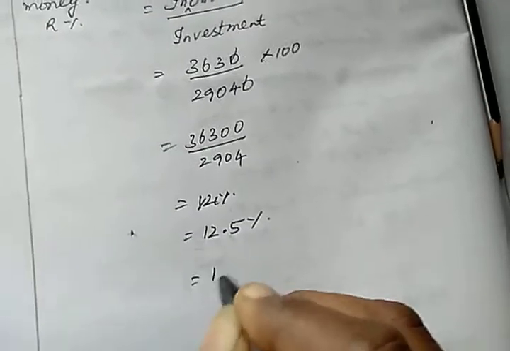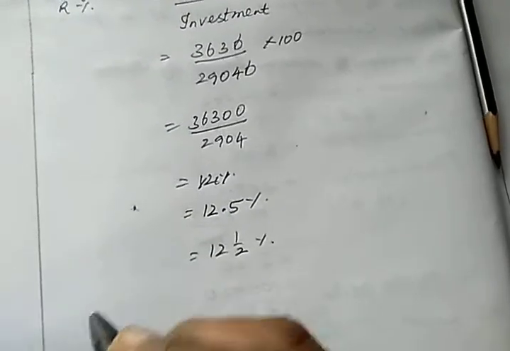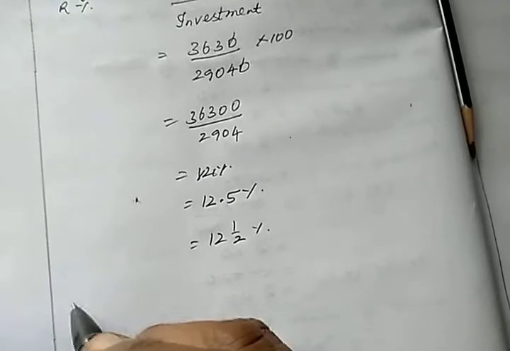In your book it is written as 12.5. Both are the same. So it is the percentage of return.